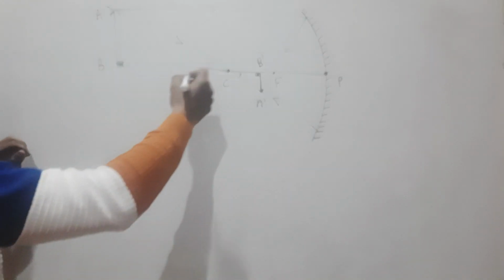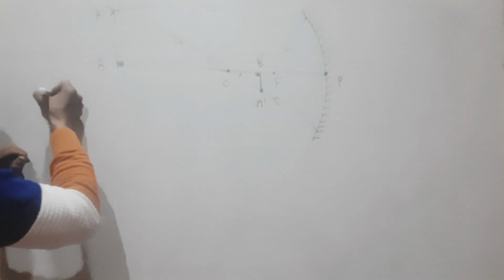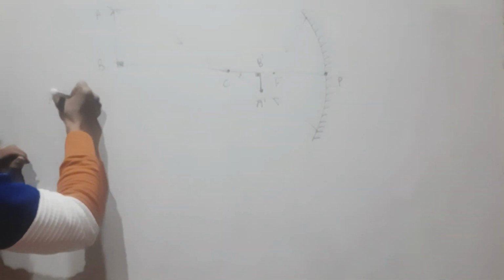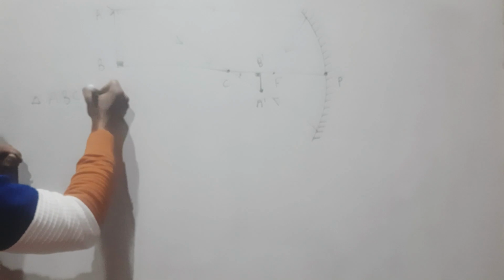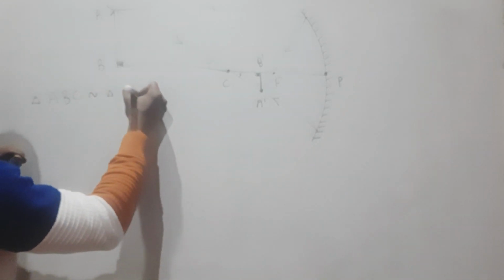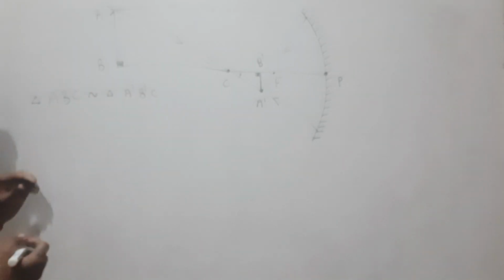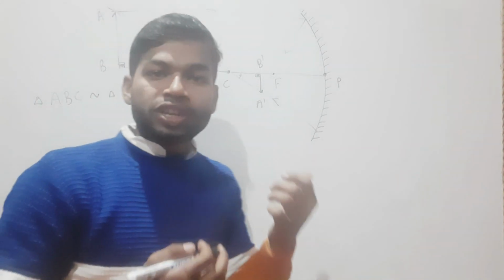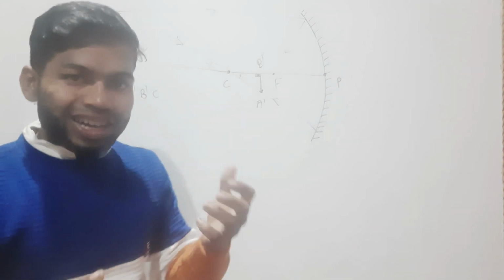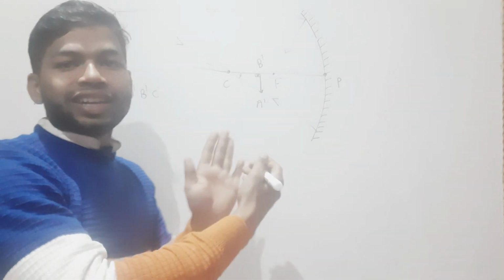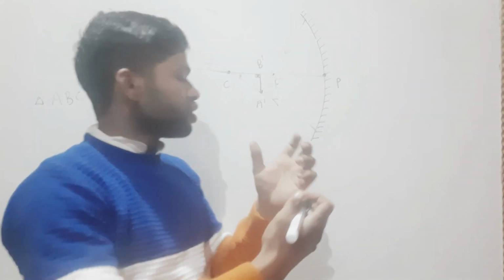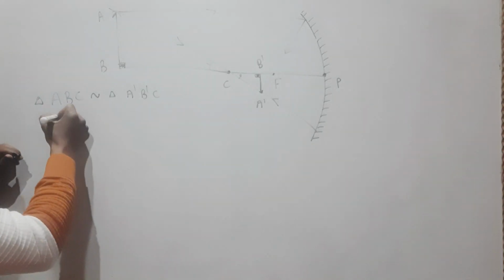So from here, triangle A B C is similar to triangle A dash, B dash, C, so we can take the ratio. If two triangles are similar, then the ratio of their corresponding sides will be equal.